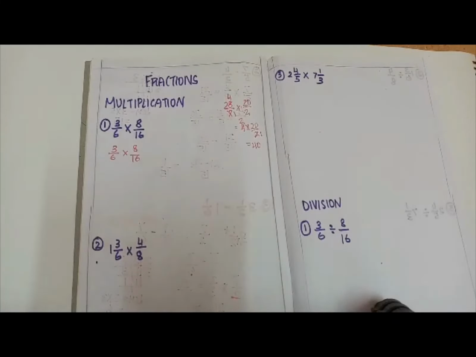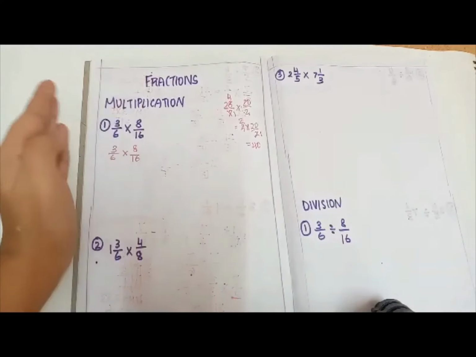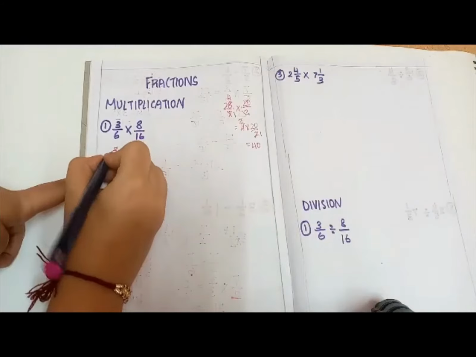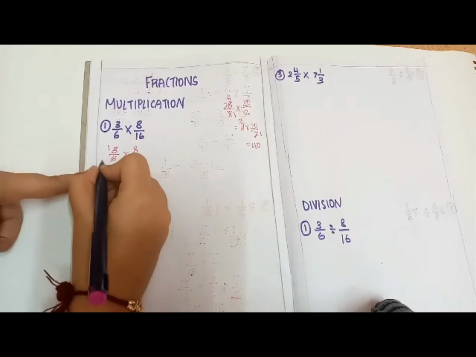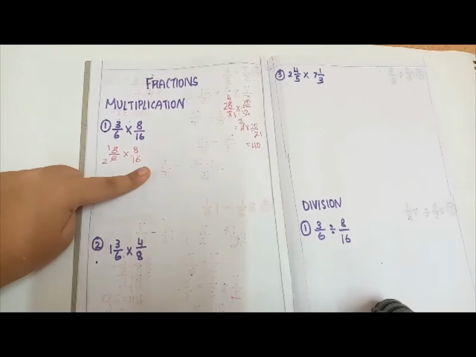Here's the sum 3 by 6 into 8 by 16. As I said, we have to see whether we can cut the different fractions. 3 by 6 is one fraction, 8 by 16 is another fraction. 3 by 6, we can cut it: 3 ones are 3, 3 twos are 6. Can we cut 8 by 16?